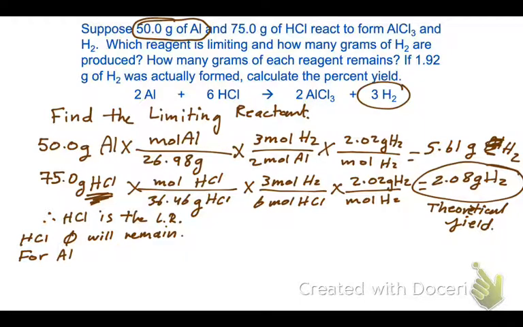So I'm gonna change my color, and I am going to say, okay, if I used my 75 grams of HCl, and I'm gonna convert that into moles, 1 mole of HCl has a molar mass of 36.46 grams of HCl.